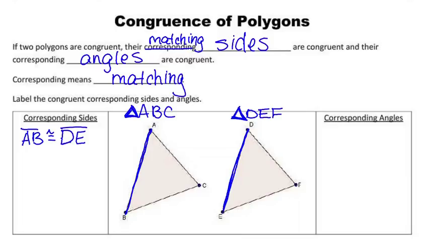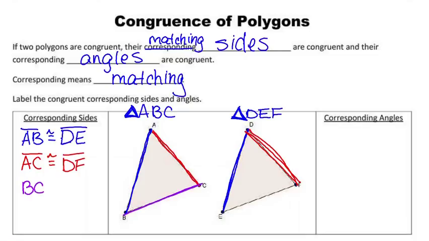And then line segment AC is going to be congruent to line segment DF, which is right there. And then the last one that we have is BC. Line segment BC is congruent to line segment EF.